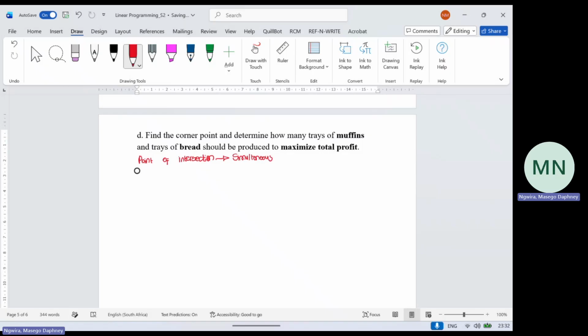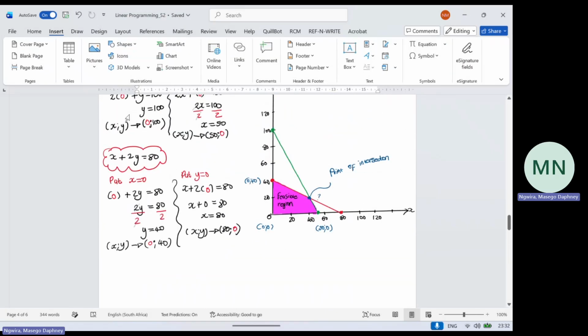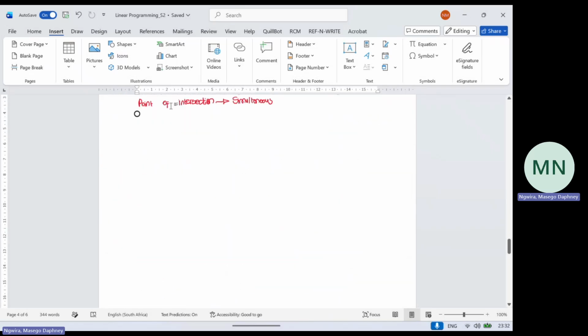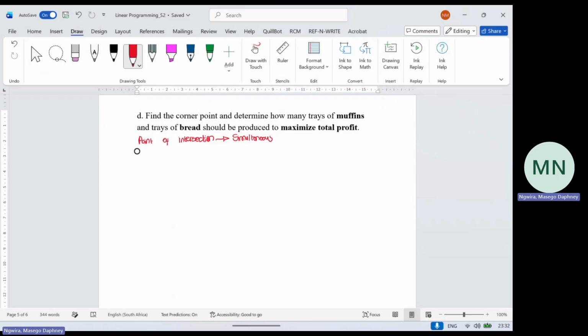Do not worry. All right, so the first thing we all know, we have these two functions. The other function is 2x plus y. Okay, so we have 2x plus y equals 100. By now, you know we need to transform this. So it's going to be y equals 100.